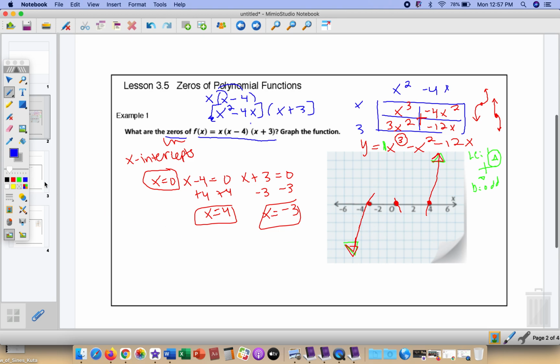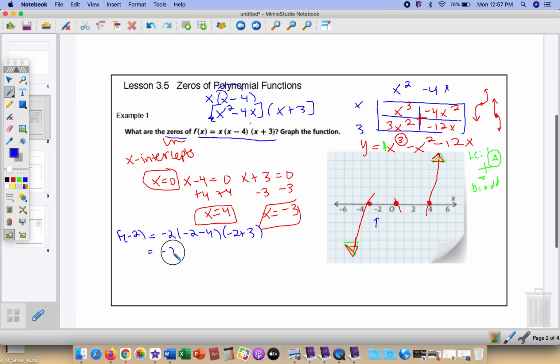So I'm going to plug in a few values. Let me plug in negative 2. Let's see what happens when we plug in negative 2. So f of negative 2 is equal to negative 2 times negative 2 minus 4, times negative 2 plus 3.